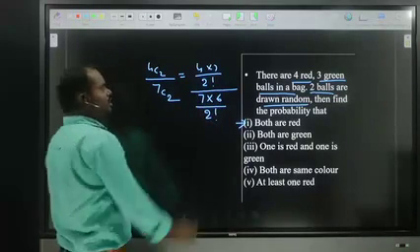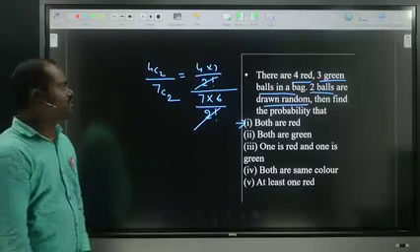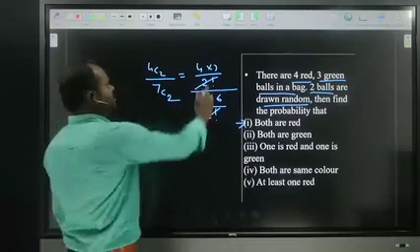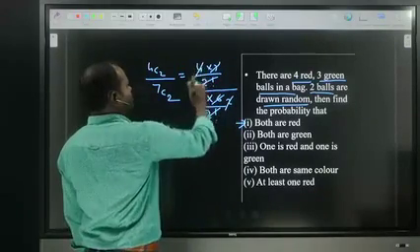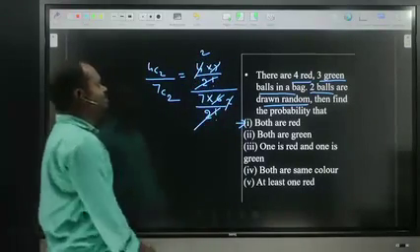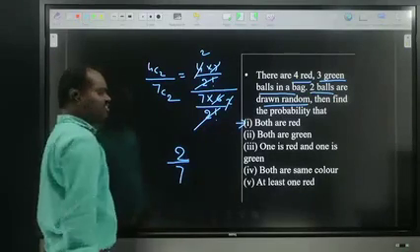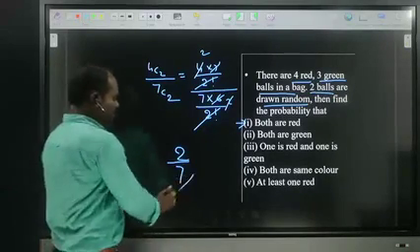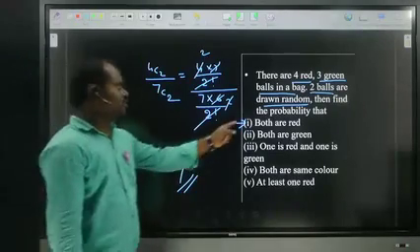Now 2 factorial cancels. Any more cancellation? 3 twos are 6, 2 twos are 4. What is the answer? 2 by 7. The answer is 2 by 7.